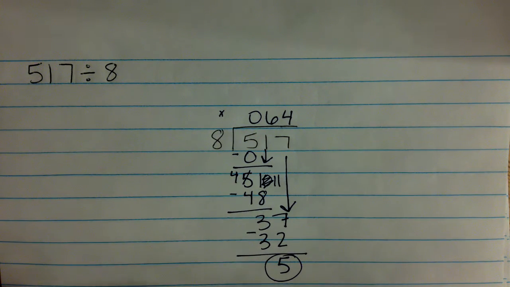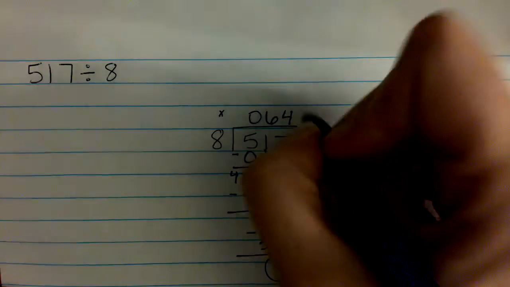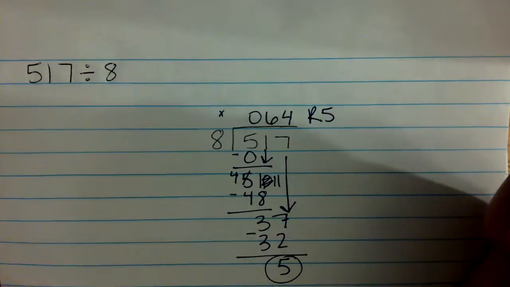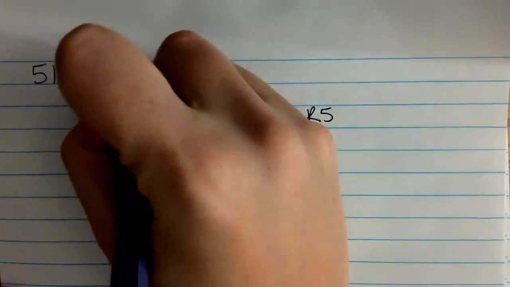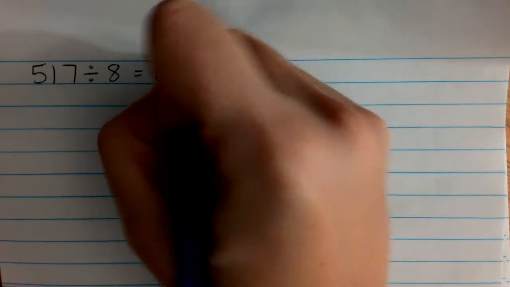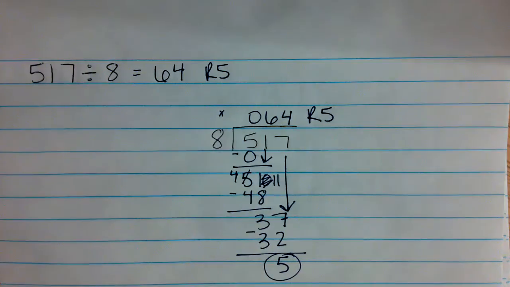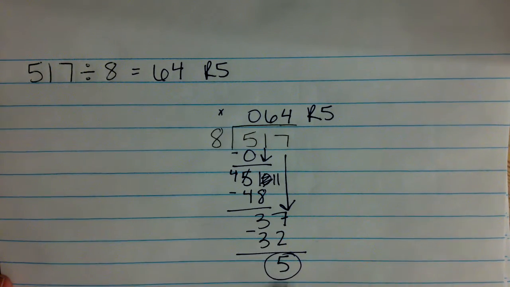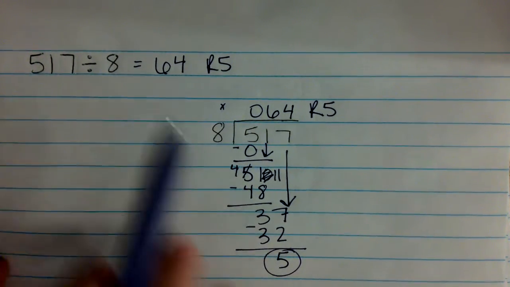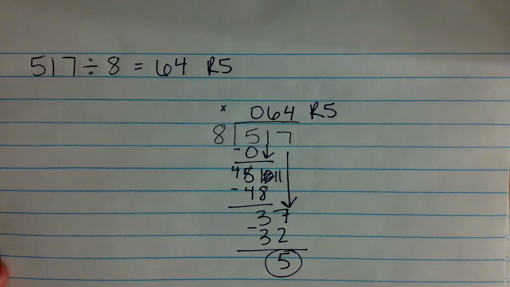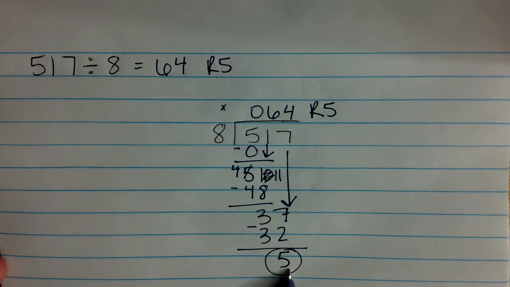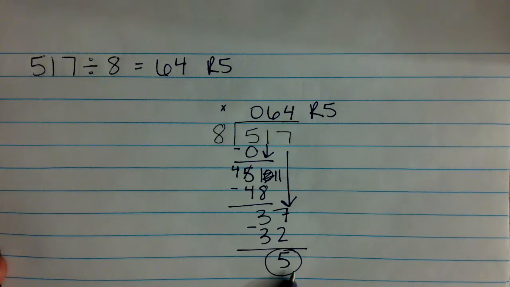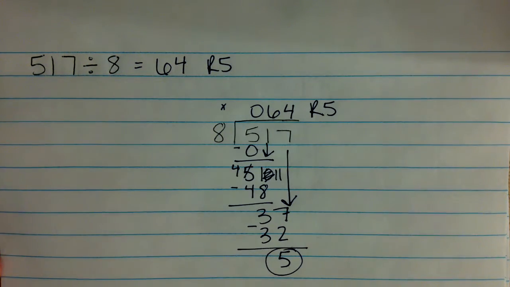So that's going to be my remainder. So I have a remainder of 5. So my answer is 64, remainder 5. The remainder is what you have left over that you cannot divide 8 into, or whatever the divisor is. If you can't divide it into the last number and there are no more numbers to bring down, you have to do that remainder.